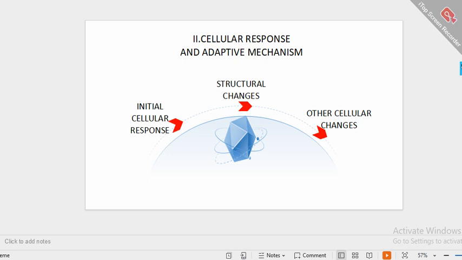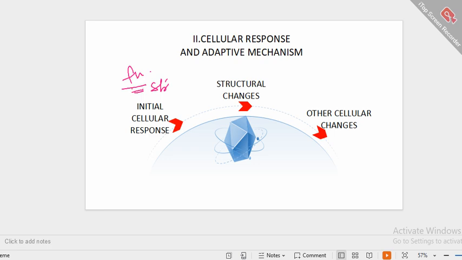The first one: the cell's immediate response is primarily functional, meaning the functions of the cell are going to get disturbed. The normal activities are disturbed, but the structure is not going to get damaged in the initial response.